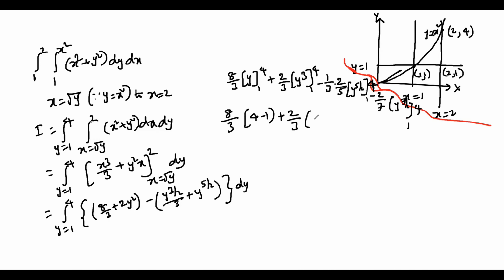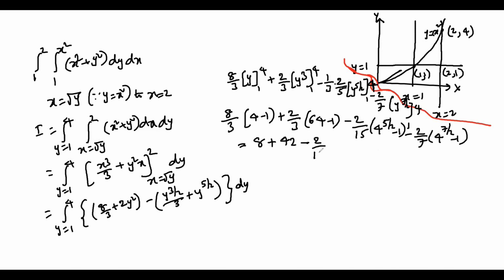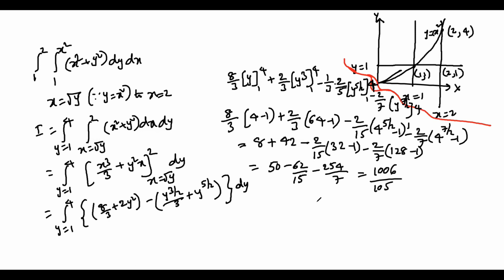Now which is 8 by 3, 4 minus 1, plus 2 by 3, 64 minus 1, minus 2 by 15, 4 power 5 by 2 minus 1, minus 2 by 7, 4 power 7 by 2 minus 1, which is equal to 8 plus 42 minus 2 by 15 into 32 minus 1 minus 2 by 7 into 128 minus 1, is equal to 50 minus 62 by 15 minus 254 by 7, which is equal to 1006 by 105.